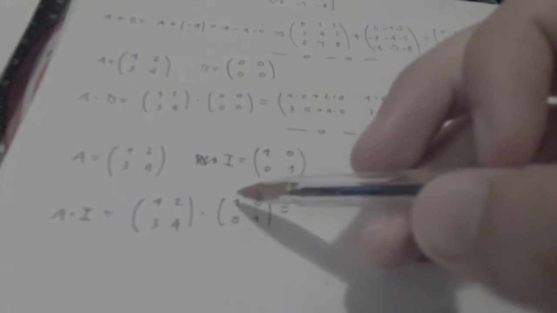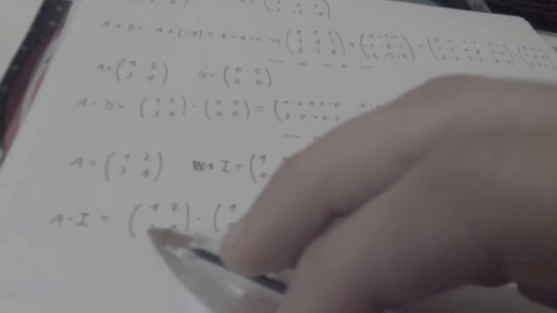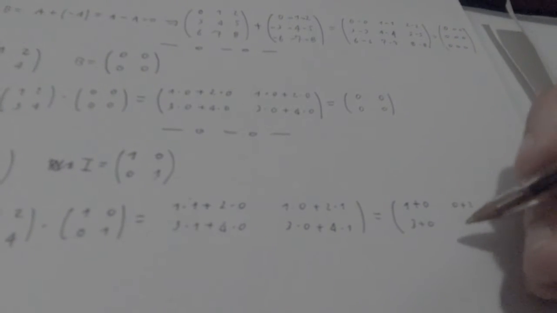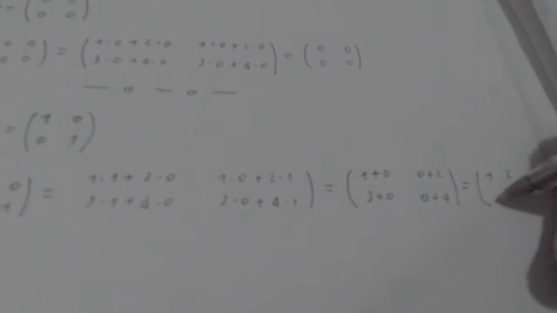And we're going to have 3 times 1 plus 4 times 0 and 3 times 0 plus 4 times 1. So this is going to give us our matrix 1 plus 0, 0 plus 2, 3 plus 0, and 0 plus 4. And hey, this is 1, 2, 3, 4. This is exactly the same matrix we started with. So multiplying by the identity matrix gives us the exact same matrix we had before.